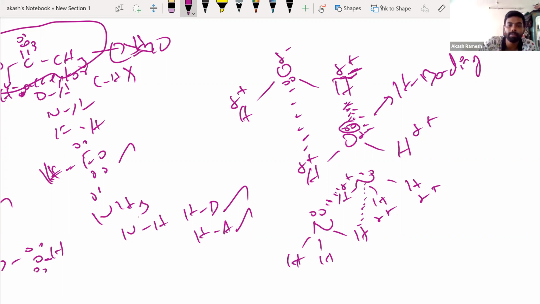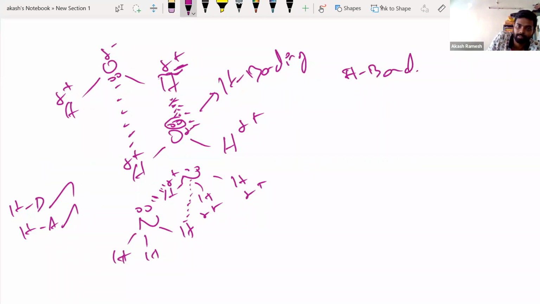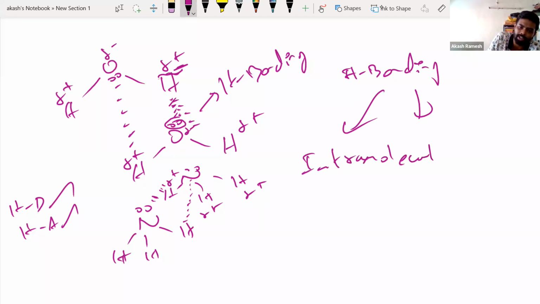Now, hydrogen bonding can be of two types. One is called intramolecular hydrogen bonding. The other one is called intermolecular hydrogen bonding. It's very easy to understand this: inter-school competitions and intra-school competitions.